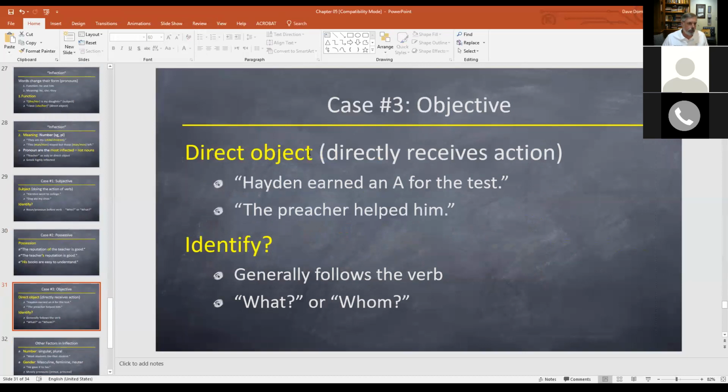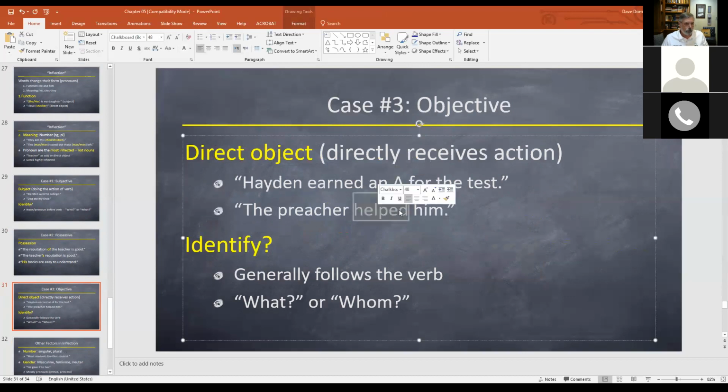Things function as a direct object, which receives the action of the verb. Hayden earned an A. There's the direct object for the test. The preacher helped, that's the verb, him. That's the direct object. If we don't recognize the direct object, we ask ourselves the question, what helped, or whom was helped?